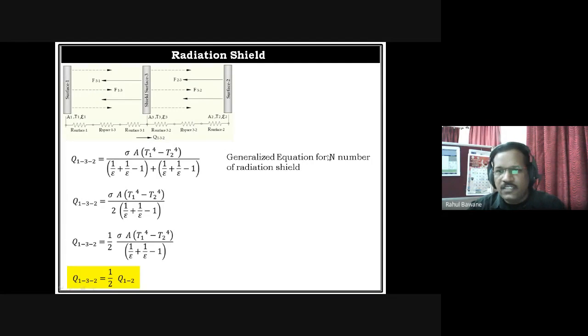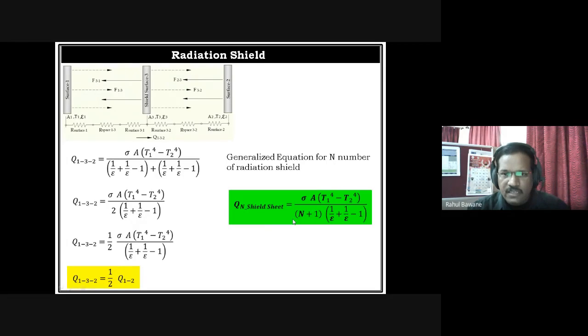So what is the generalized equation? Suppose I insert n number of radiation shields. A practical examiner always asks this question. Suppose there are 10 radiation shields, then what is the rate of heat transfer between two surfaces? If one shield is added between two surfaces, the rate of heat transfer becomes half.